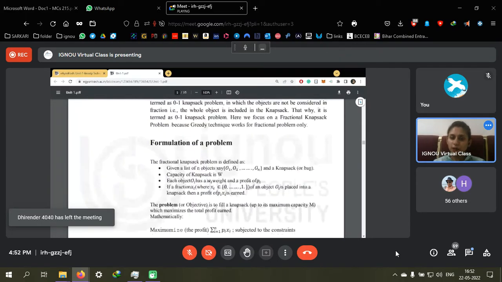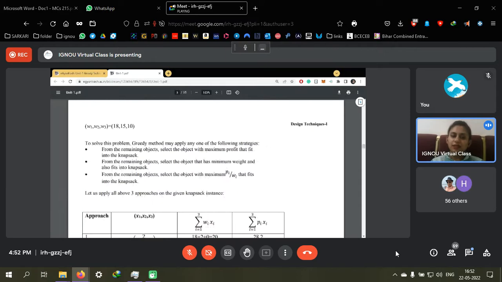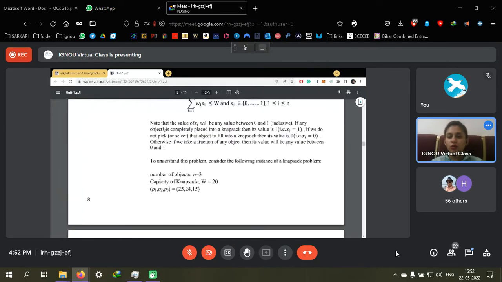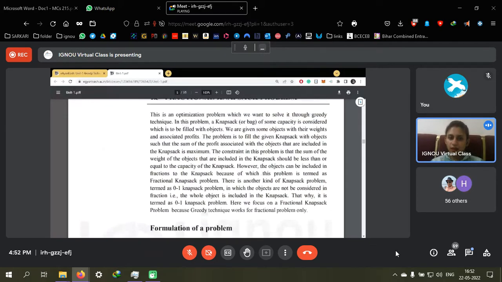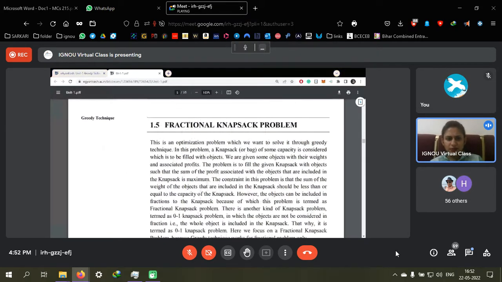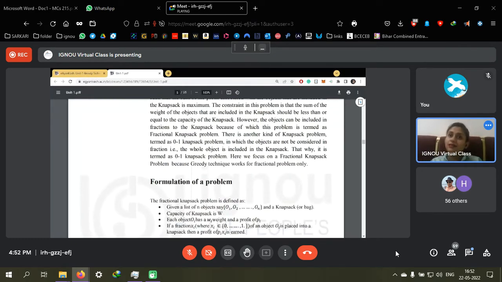Now the next one. In the above, we can't divide the time and we can't fractionalize the thing. But the next method here is fractional knapsack. If we are talking about a fractional knapsack, that means I can fractionalize the thing.